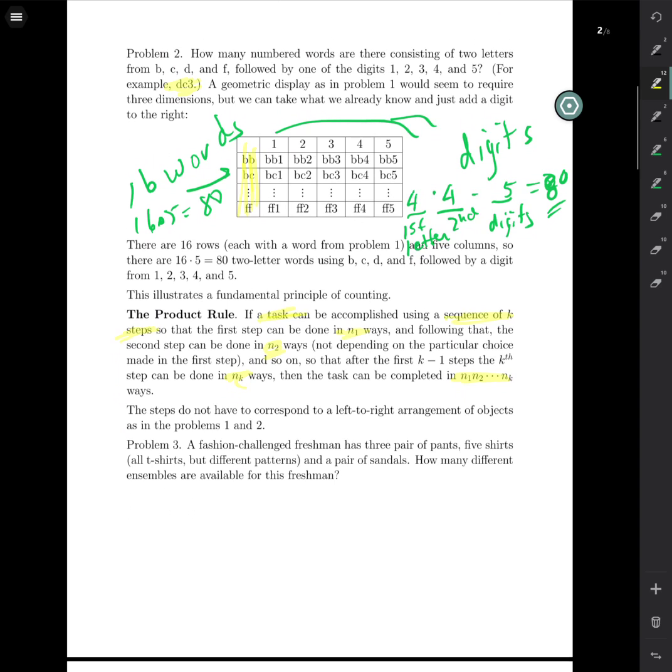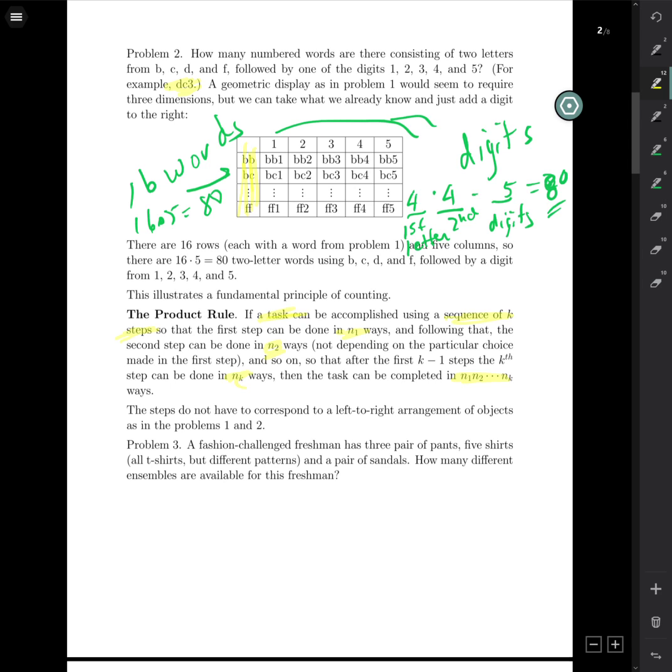We have a fashion challenged freshman who has 3 pairs of pants, 5 shirts, which are all t-shirts but different colors and patterns, and 1 pair of sandals. How many different ensembles are available for this freshman? I'm going to do a slot argument, describing at each stage what goes into the slots. I'll choose to count the pants first, but we could have chosen to count the shirts first. That's what I mean by arranging it in steps according to what we think works best.